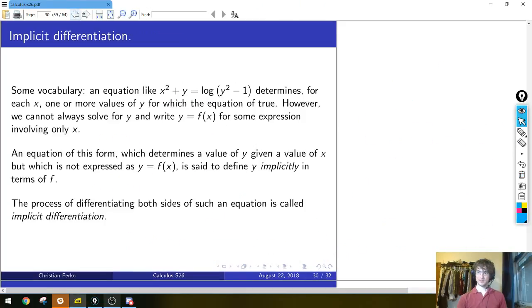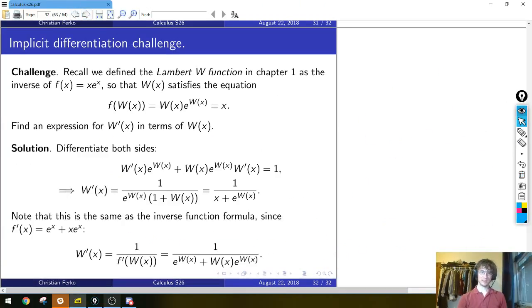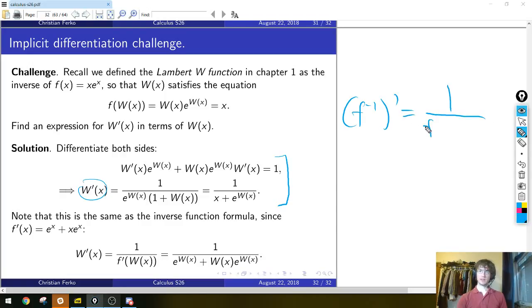Okay, so that is the last example. The final comment is that we could have done this in a different way. Here we differentiated both sides with respect to x and then solved for w prime, which was great. That works. It gives you the right answer. The other thing is we could have used the inverse function rule, because we derived that two times ago, that the derivative of the inverse function is given by 1 over f prime of f inverse of x.